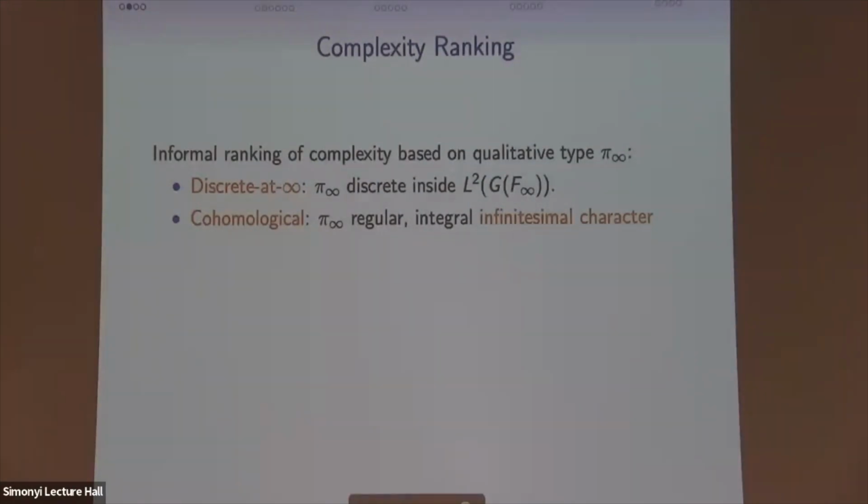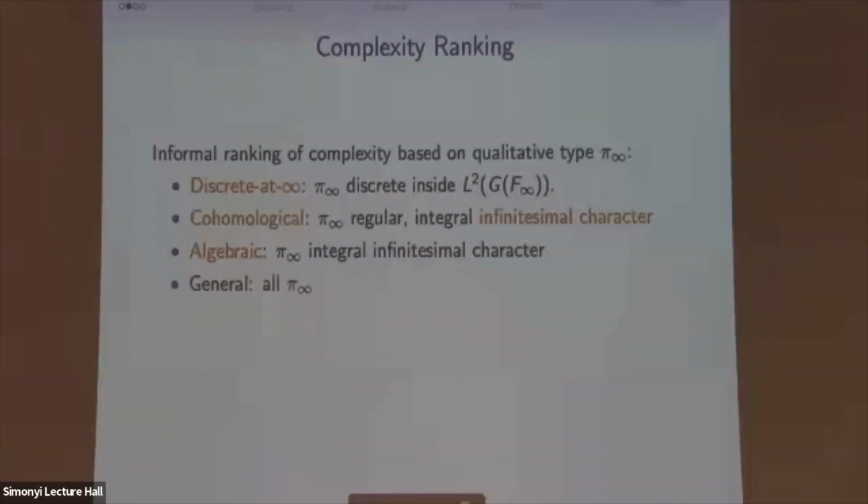The adjectives you use for that are that the infinitesimal character is regular and integral. After cohomological, the next step on this ladder of complexity is algebraic automorphic representations, where you drop the condition that the infinitesimal character needs to be regular. And finally, you have general automorphic representations, where you can have any kind of pi infinity.